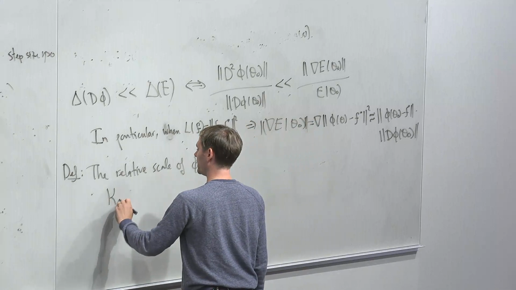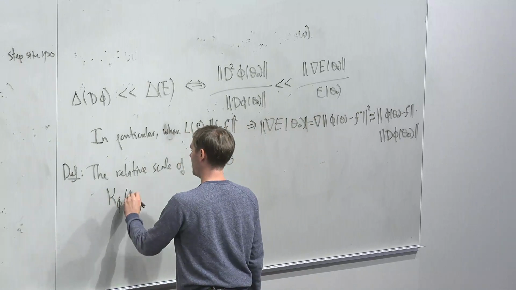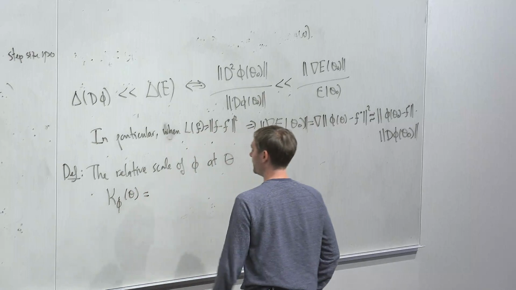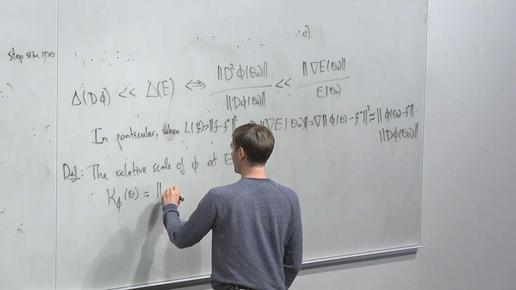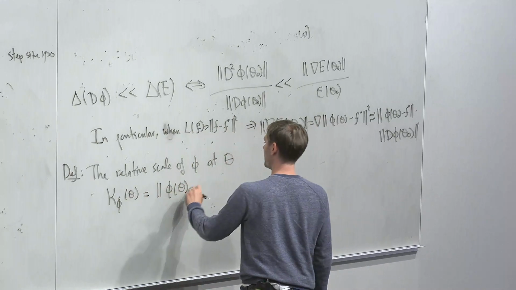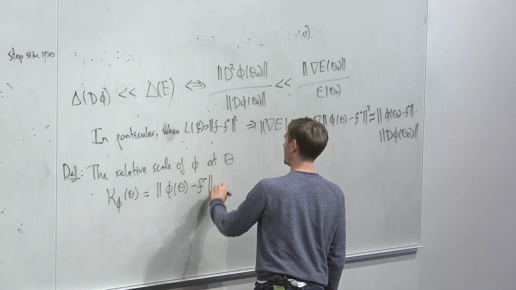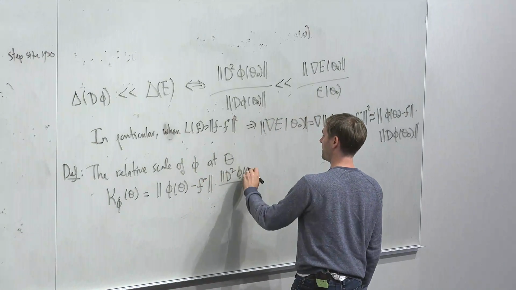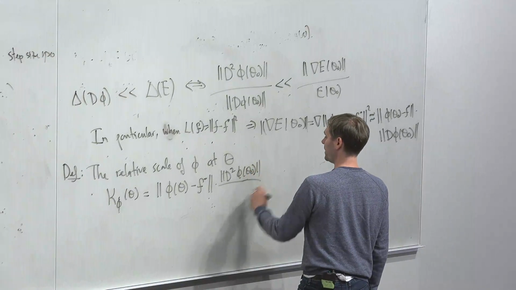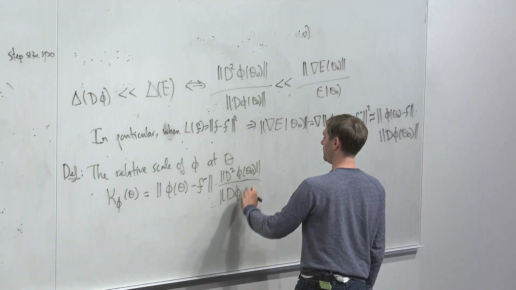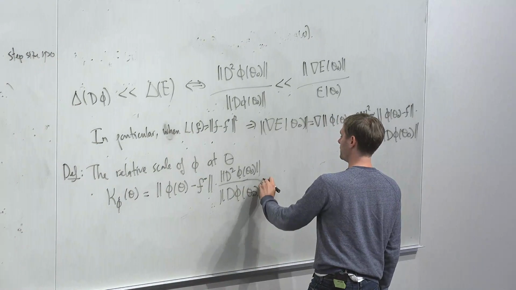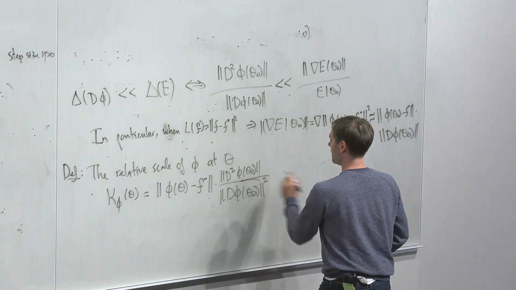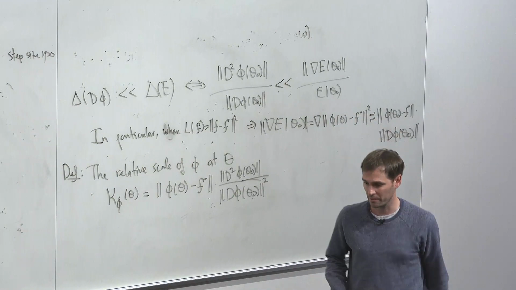We can define it as kappa phi of theta to be the value of the initialization, phi of theta minus f star, times the ratio between the Hessian of phi at theta 0 divided by the Jacobian of phi at theta 0 squared. Okay, this is the definition that we use.